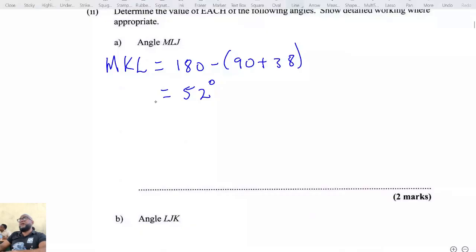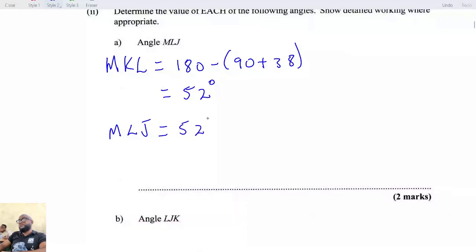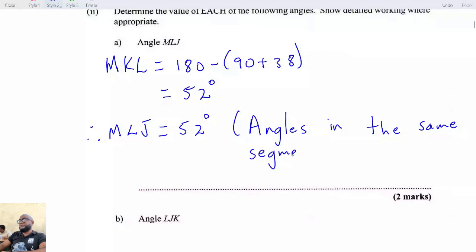Right? So watch it. MLJ is equal to 52 degrees, and the reason will be angles in the same segment are equal.